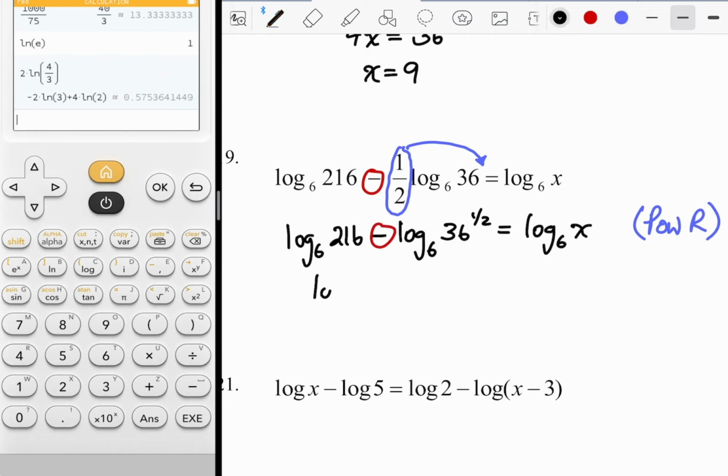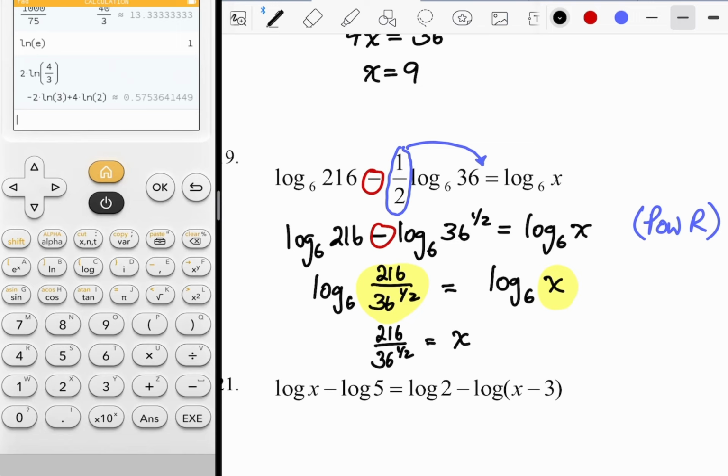So log base 6 of 216 over 36 to the 1/2 is equal to log base 6 of x. All right, now the only thing that varies from the left side to the right side is the contents of the logarithm. So I could take that 216 over 36 to the 1/2 power and set that equal to x.